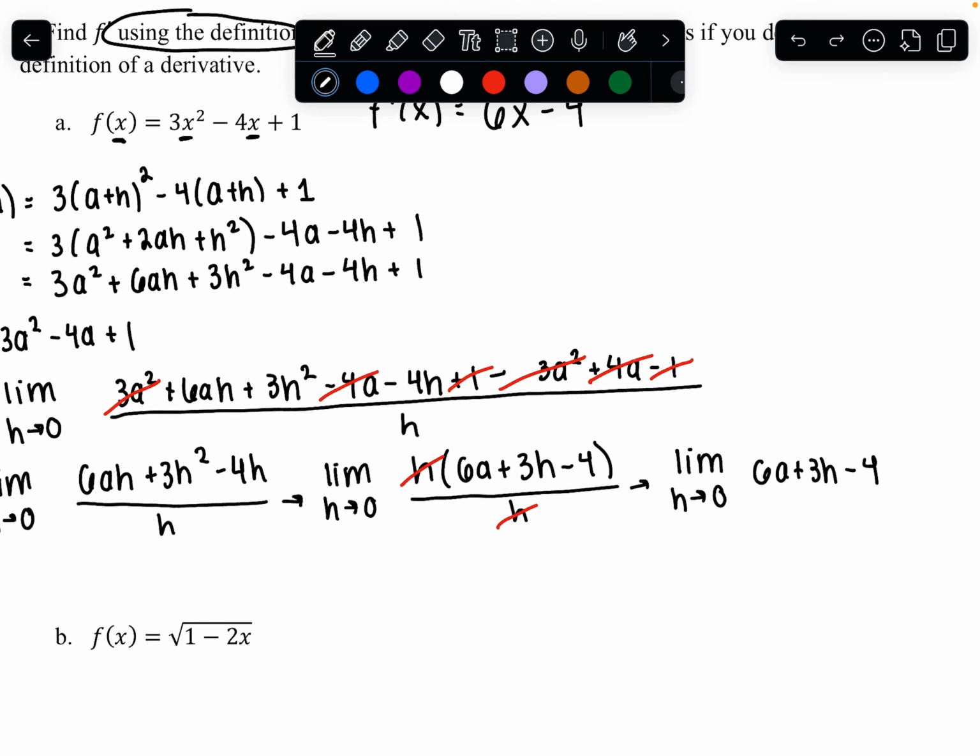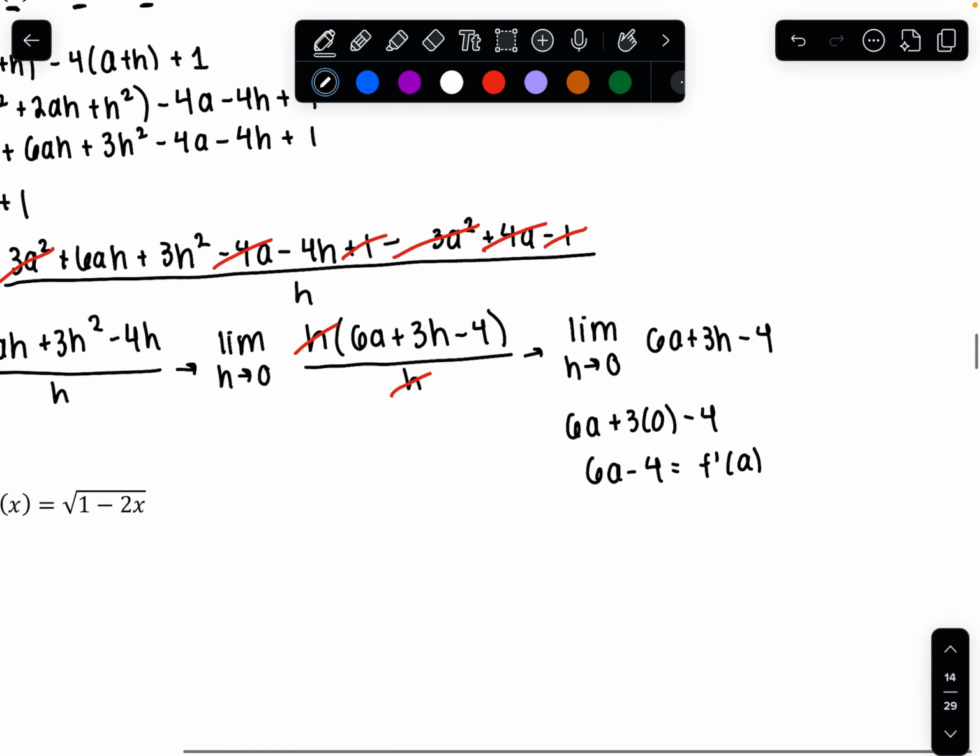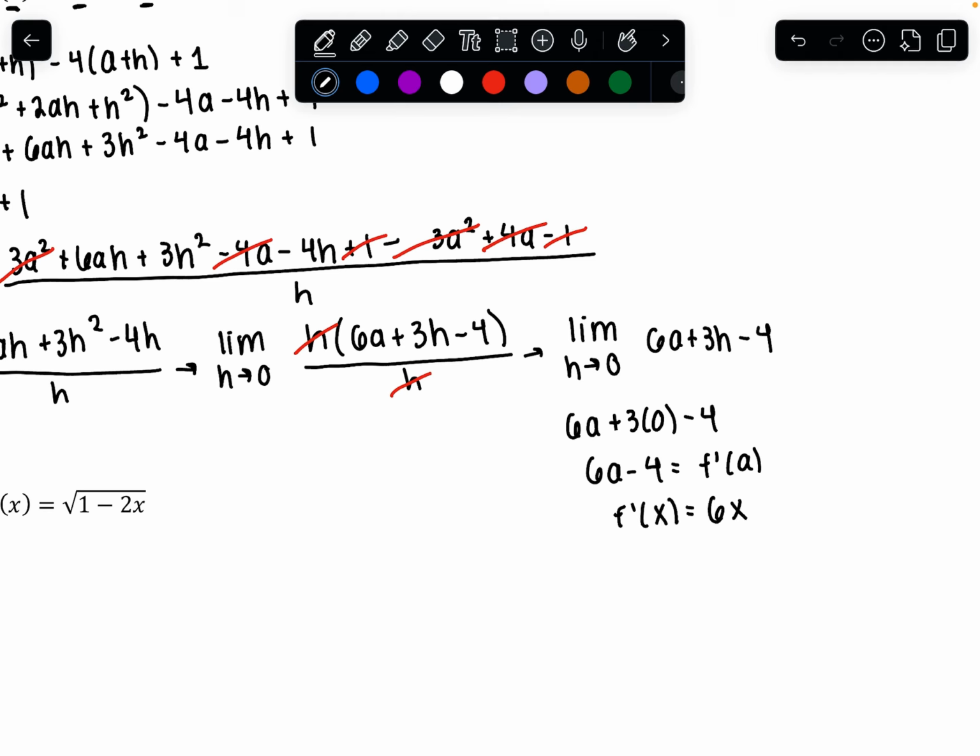All right, so our final step is to plug 0 in for h. So we'll have 6a plus 3 times 0 minus 4. Okay, so this is our f prime of a, I guess. So why don't we write f prime of x is equal to 6x minus 4.